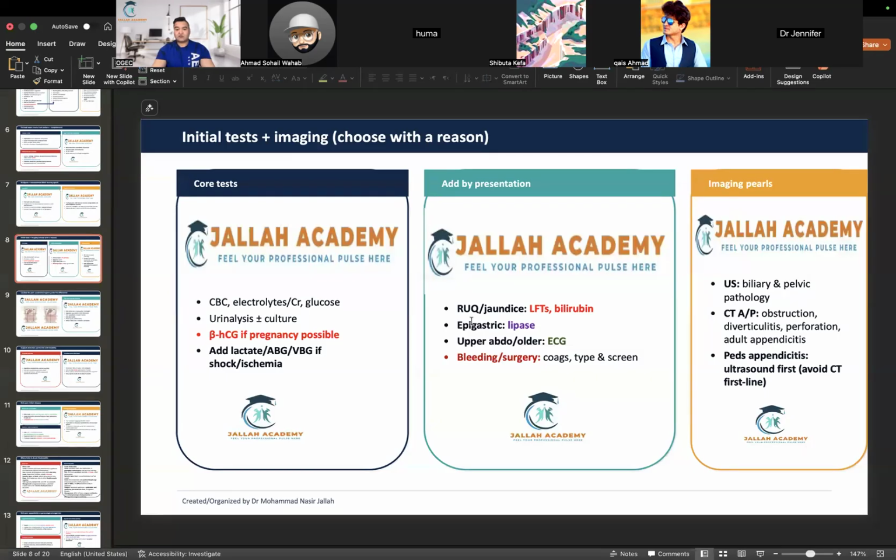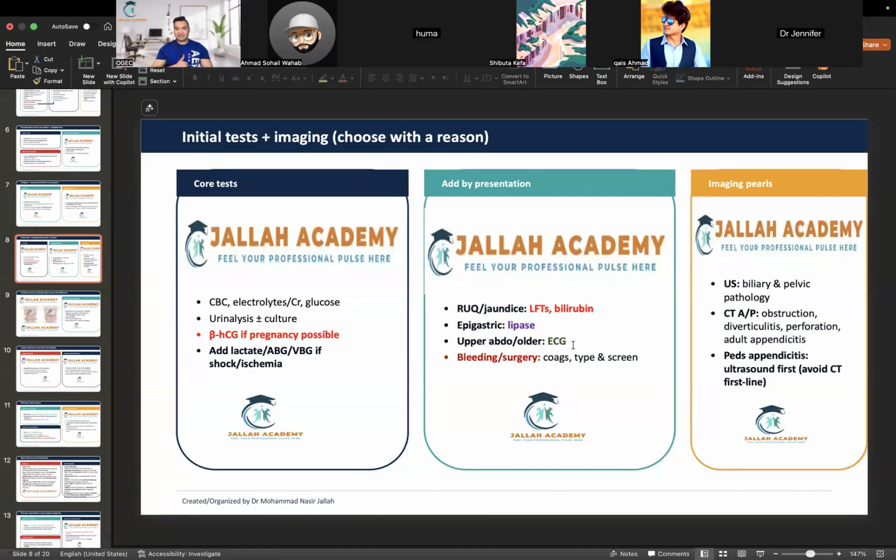For right upper quadrant pain and jaundice, LFTs and bilirubin. For epigastric pain, for all of them, you need to do the lipase, and for the upper abdomen, especially in the elderly, if a patient comes with upper epigastric pain, always do an ECG, because inferior MI in some cases does not come with chest pain, it comes with upper epigastric pain.